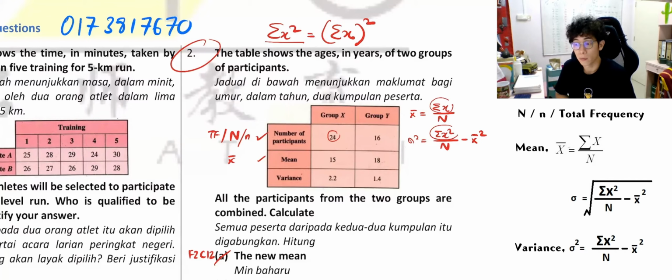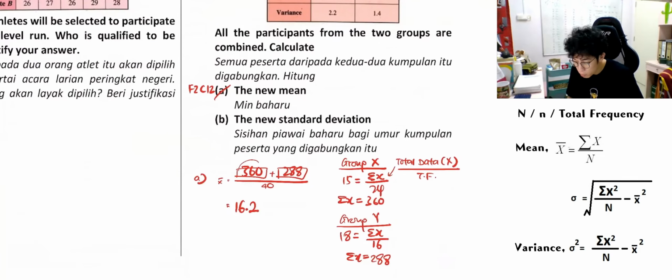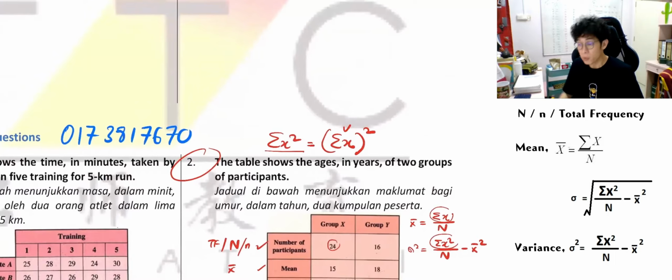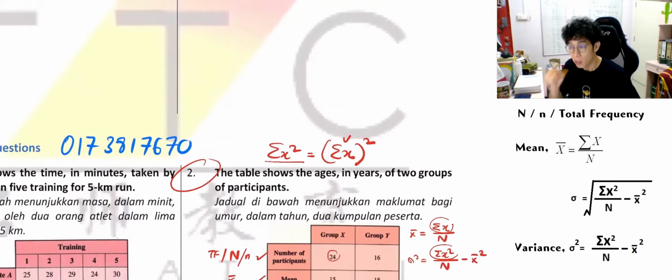Why cannot? Why? Because if I'm doing this, it means I'm going to take this 360 and I square it. I'm going to take this 288 and square it. So I'm going to prove to you why cannot. Very good, Kyle. Okay, everyone.